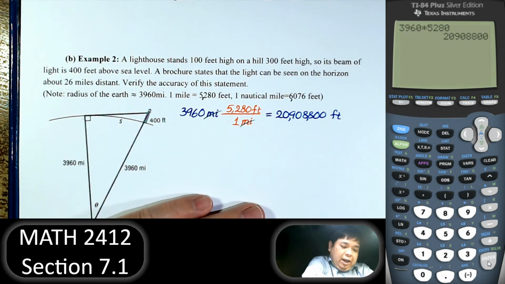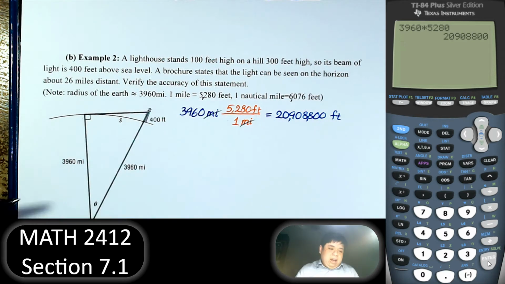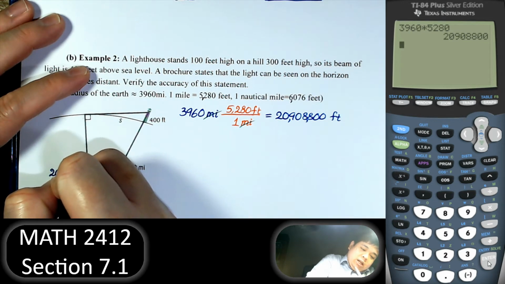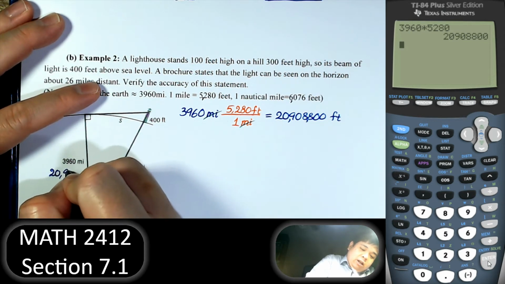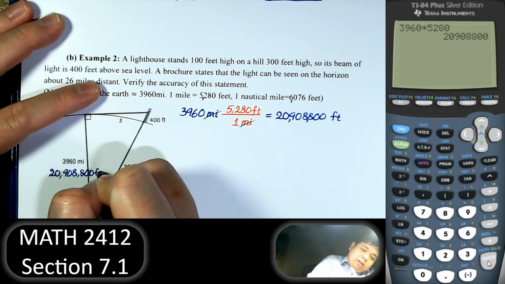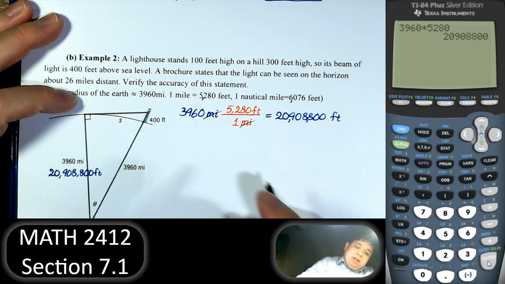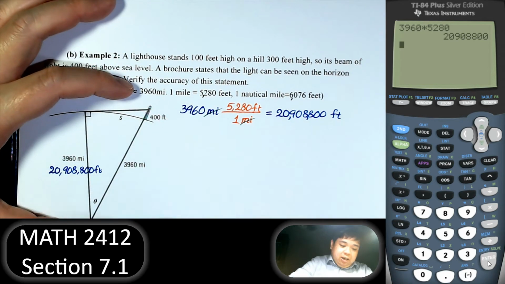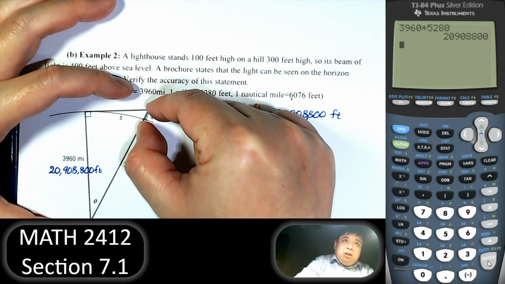Right. Now, in this triangle, what we have is, of course, that which will be 20,908,800 feet. This, and of course, the distance of that plus the height of the lighthouse.